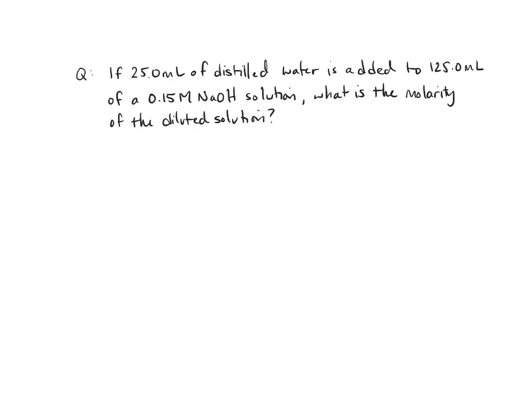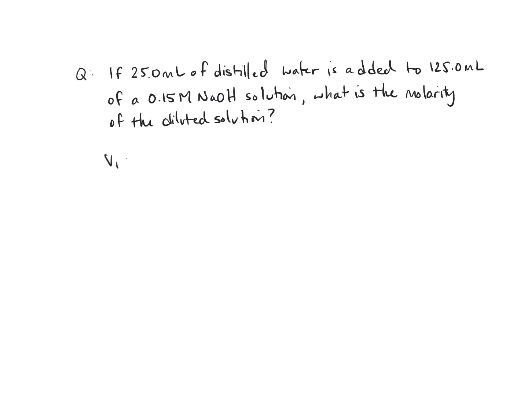So let's look at our first problem. We have 25 milliliters of distilled water added to 125 milliliters of a 0.15 molar NaOH solution. What is the molarity of the diluted solution? Now, there's two ways of doing this. Let's do the givens. Volume 1 is 25.0 milliliters. That's actually wrong. That is not our volume 1.